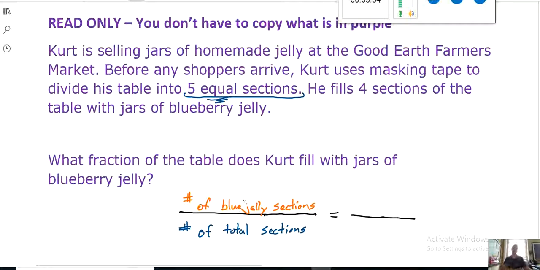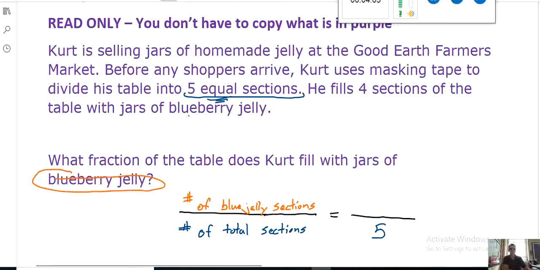So now that I know what amounts I am looking for, let's do this. I always like to think of the total first. Well, it says he used masking tape to divide his table into 5 equal sections. So that's a total of 5 sections. So 5 will go on the bottom. And he fills 4 sections of the table with jars of blueberry jelly. And that's what they're asking. They want to know about the blueberry jelly.